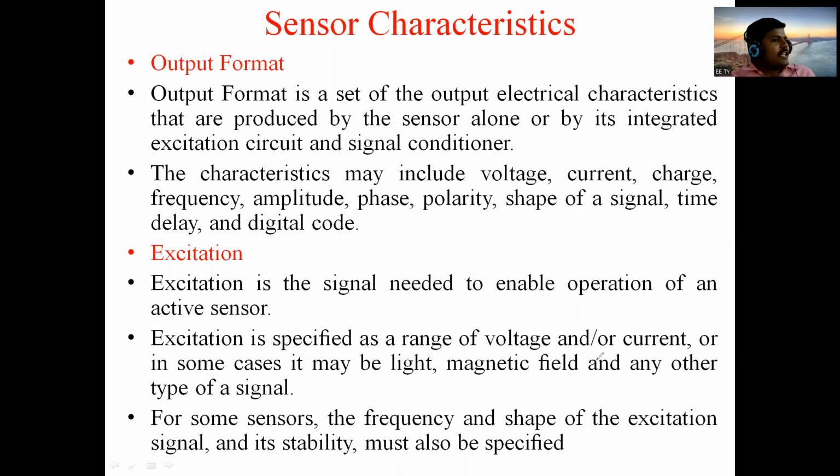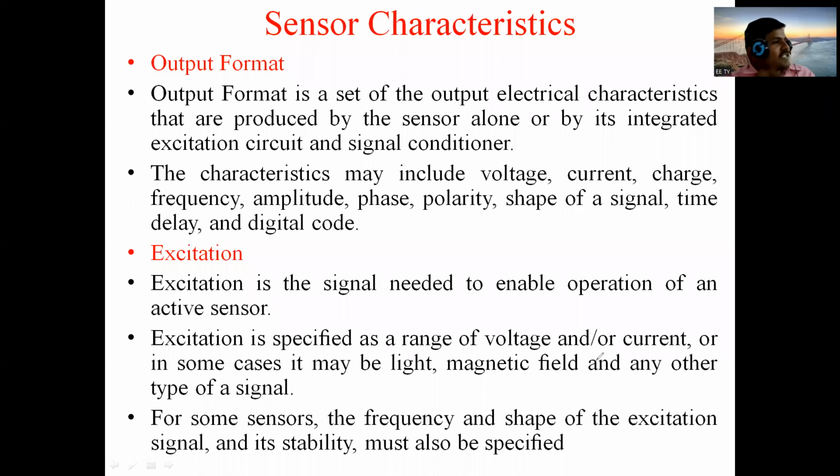If you don't know the output format characteristics of that sensor, how are we going to interface? If the output of that sensor signal is in the form of digital code, and you are interfacing it with an analog to digital converter, without knowing the characteristics, is it possible?